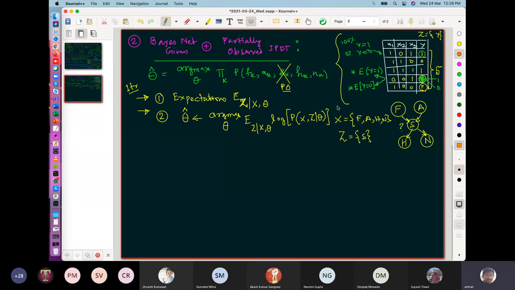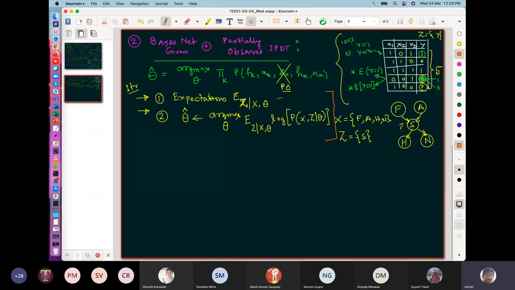Fair deal? Let me repeat what we are trying to see. Here you can see the philosophy. My philosophy is that this particular entry I need to contribute with respect to thinking this as 1 or thinking this as 0. The more the probability of it being 1, the more contribution it will make when I think of it as 1, and vice versa.